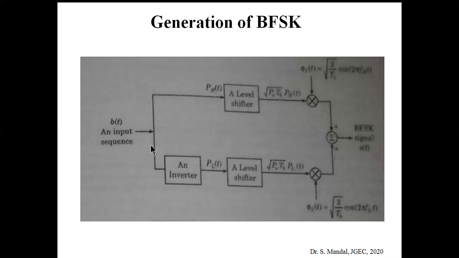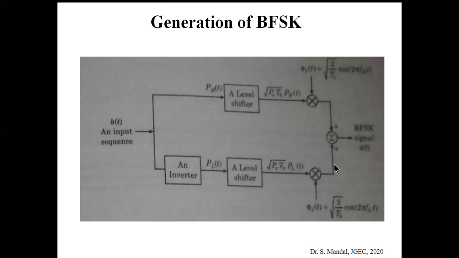Now for the second scenario, as it is passed through an inverter, 1 is converted into 0 and 0 is converted to 1. After the corresponding level shifter, if we use the second product modulator, the corresponding output from the product modulator is also an ASK.